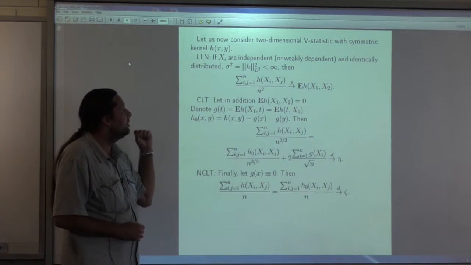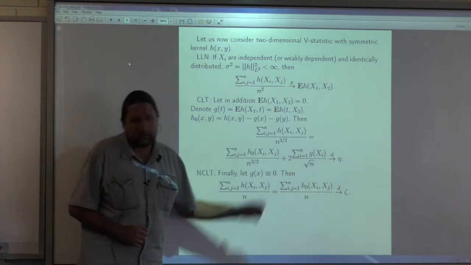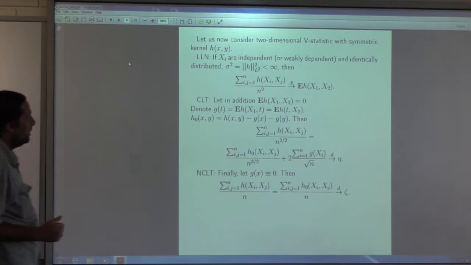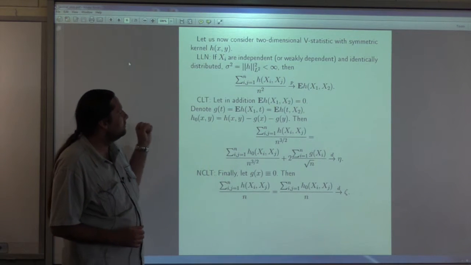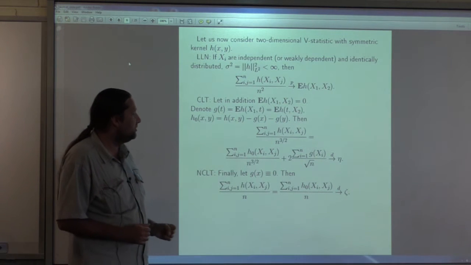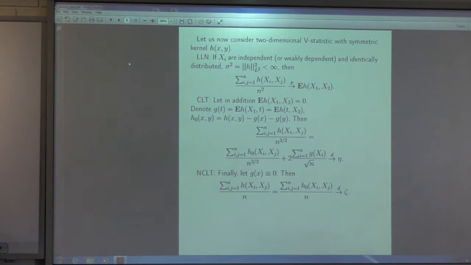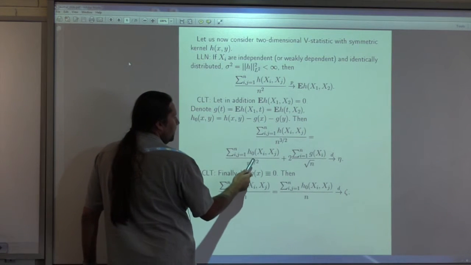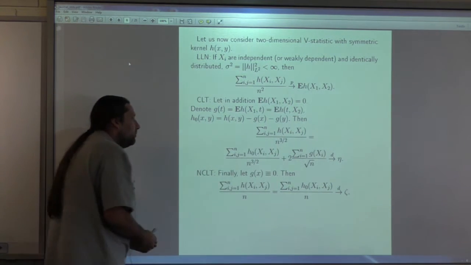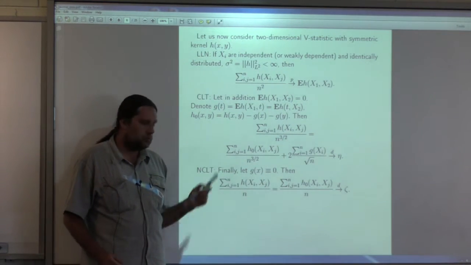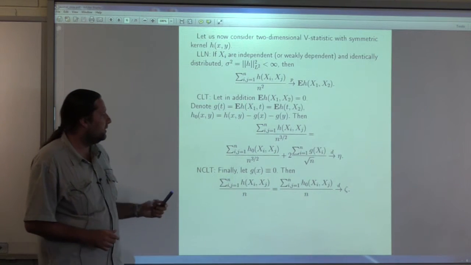For the law of large numbers, with such normalization we have convergence in probability to the mathematical expectation, but if this mathematical expectation vanishes, then we can use a weaker normalization, and using such a decomposition of the kernel function, we can decompose our normalized statistic in such a way and prove that the first summand goes to 0 when n goes to infinity.